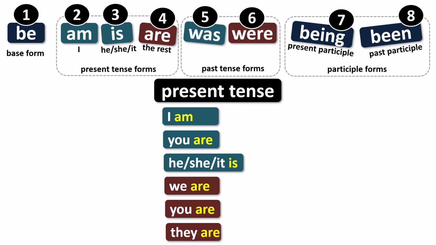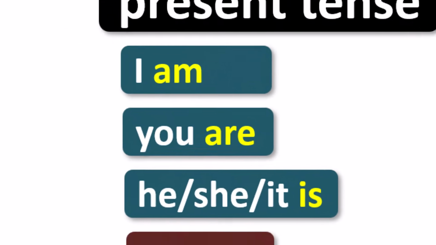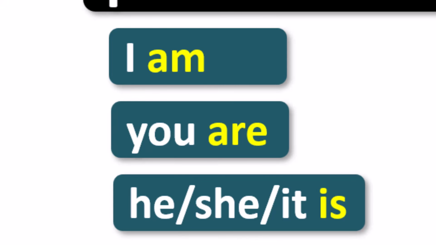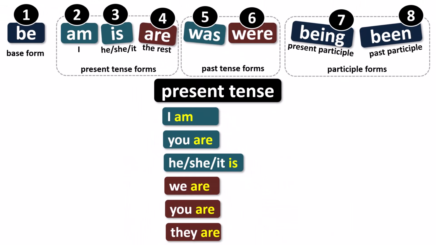Now, I've shown you this because you might have expected me to write plural instead of the rest, but look at this. This is the singular version of you, and it always takes are. It is something of an oddity that the singular version is the same as the plural version. So just keep that in mind.